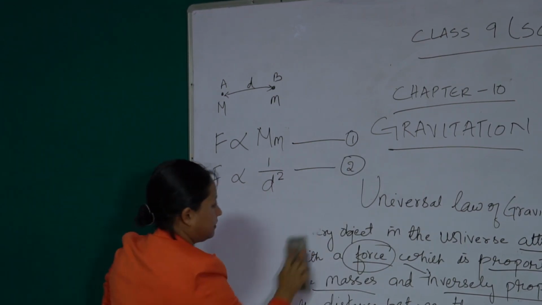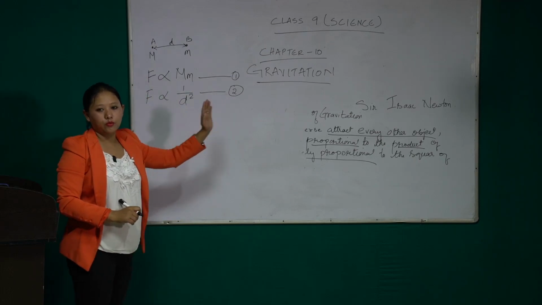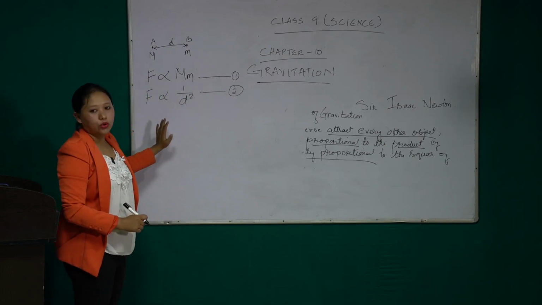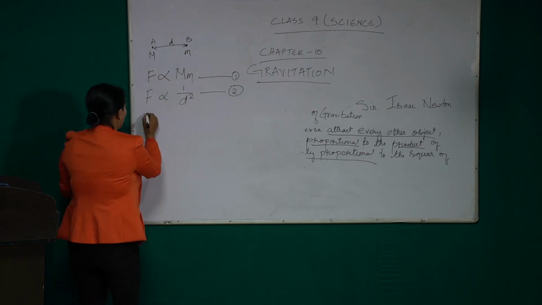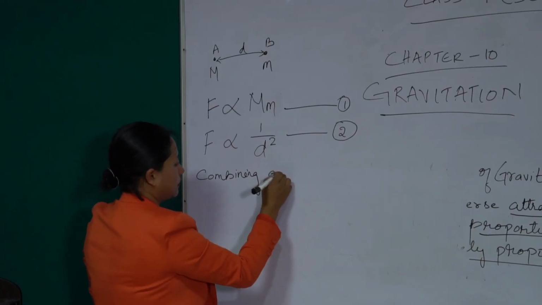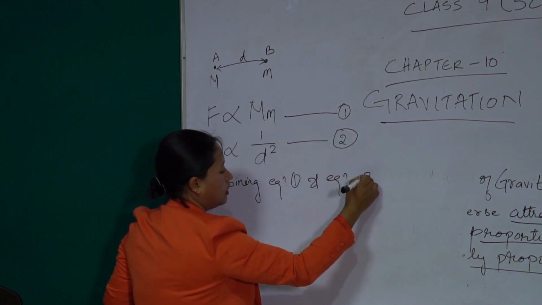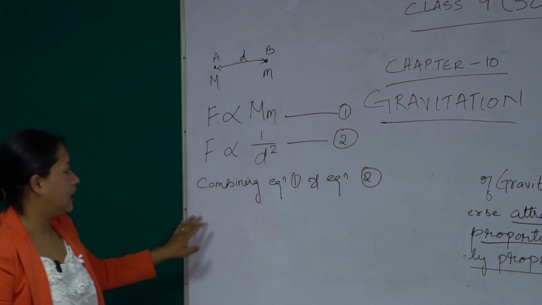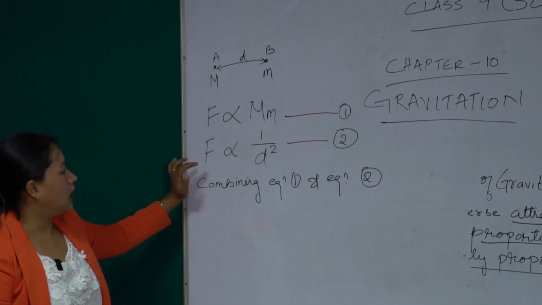So we have got equation 1 and equation 2 from the universal law of gravitation. Let's combine equations 1 and 2.